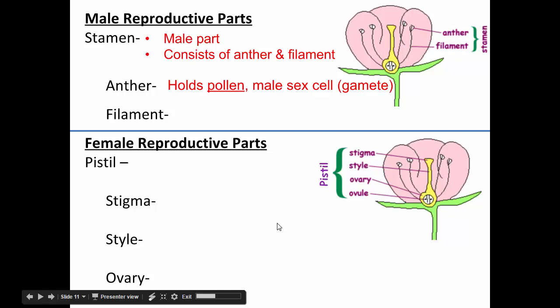So the pollen comes from this part of the top. That's the male sex cell, the male gamete. The filament is this long sort of stalk that holds the anther away from the base of the flower.